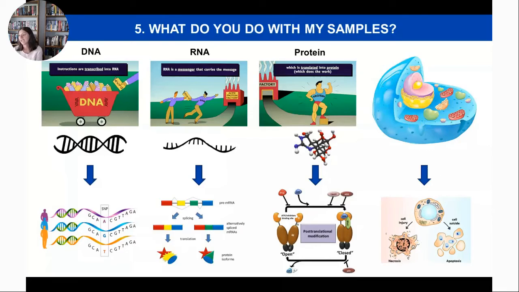So cells can actually encounter injuries after these changes, and they just die on their own after the injury, or they can just receive a message to say, okay, this is time to just die. And we call it apoptosis. So it's just sort of a cell suicide signal. So we try to look at these as well. So basically, this is what we're looking at in the lab, and we're trying to understand what is causing the biological malfunction, if you will, in your body in specific subtypes of cells.